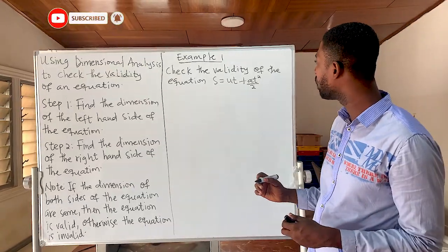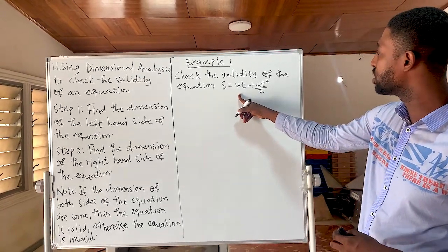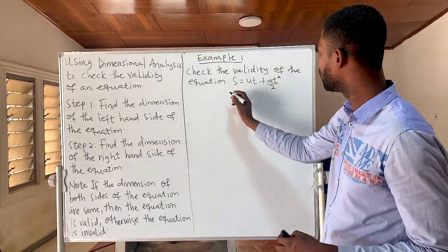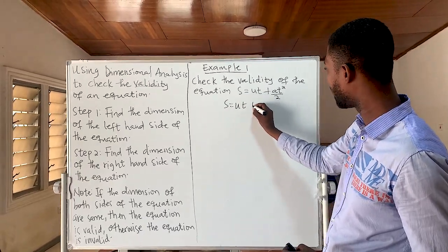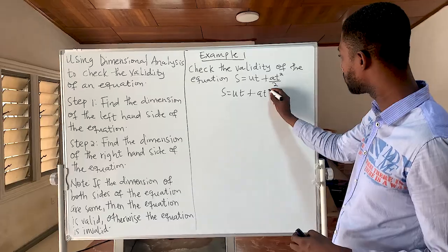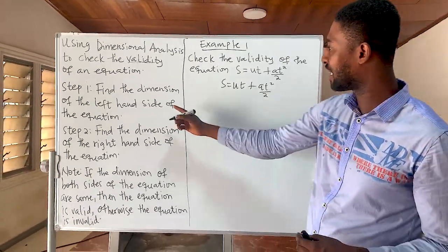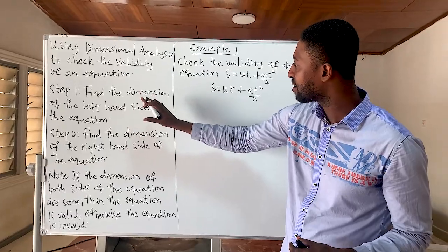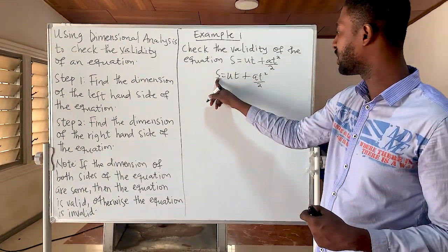So here, let's look at this example. Check the validity of the equation s equal to ut plus at squared over 2. If you want to use dimensional analysis, first find the dimension of the left-hand side. So we want to find the dimension of s.